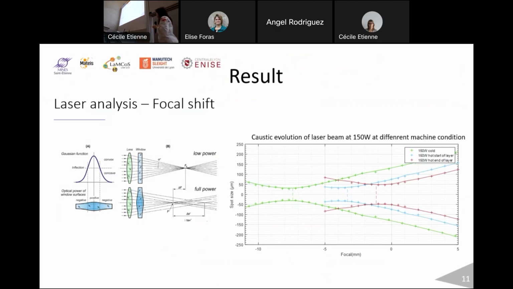So during the fabrication, our focal point is at -7, as I said before, at the very beginning, and at the end it is about 0 millimeters. So during your fabrication, your focal point goes up, and of course it considerably modifies your spot size and your energy repartition during your fabrication.